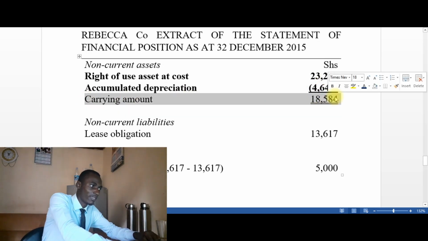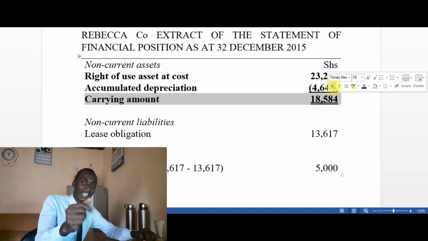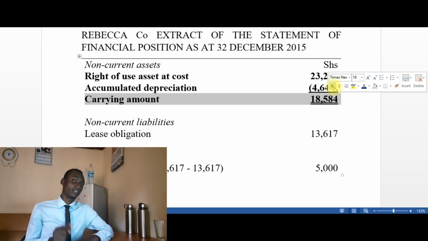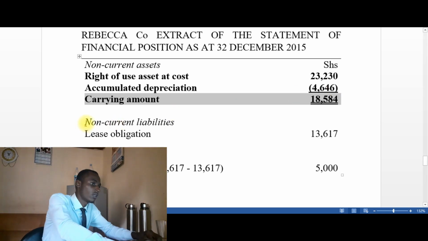Then we come up with our carrying amount. This time there was no impairment losses, but if impairment losses were there, then we also deduct the impairment loss, but we don't have any. So what we have to do is to carry our right of use asset at its cost less accumulated depreciation to come up with what we call the carrying amount.